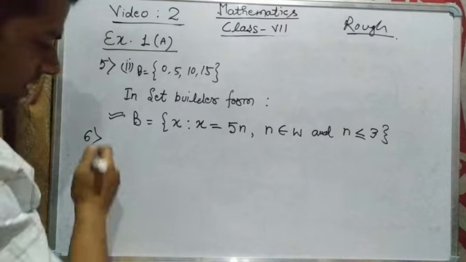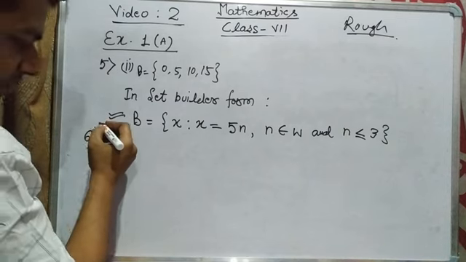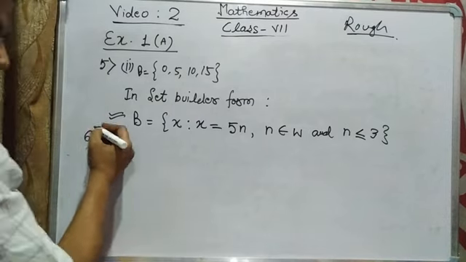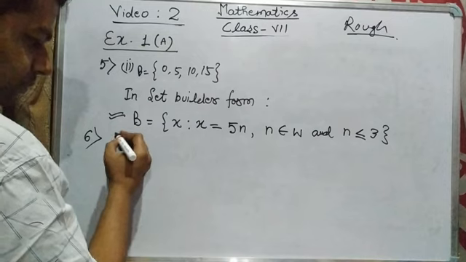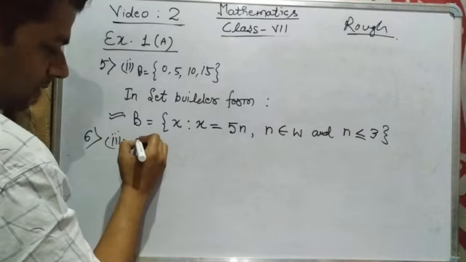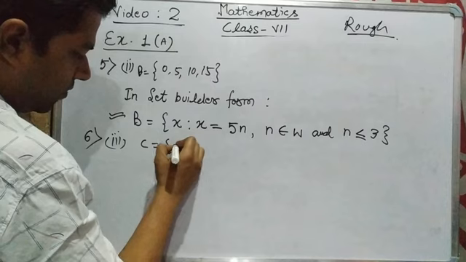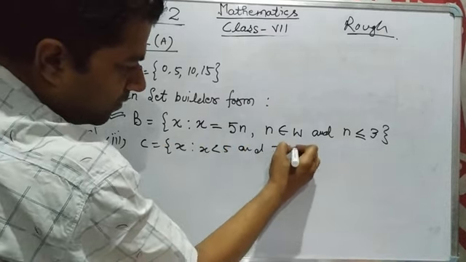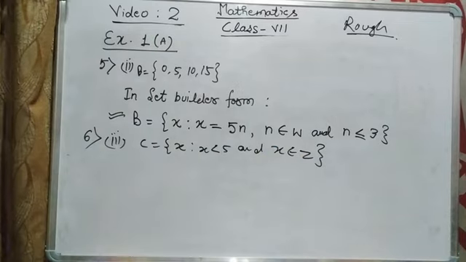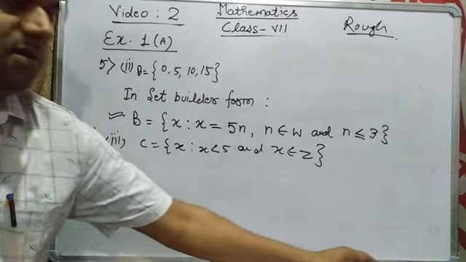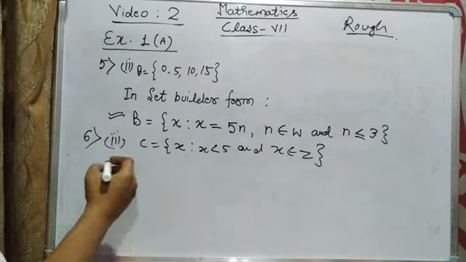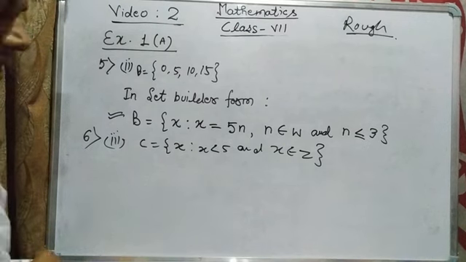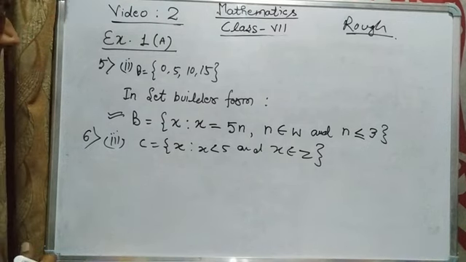Quickly take another example, question number 6, third part: C = {x such that x is less than 5 and x belongs to Z}. Z means integers. So what we have to do here is identify whether the set is finite or infinite, and find the cardinal number if it is finite.